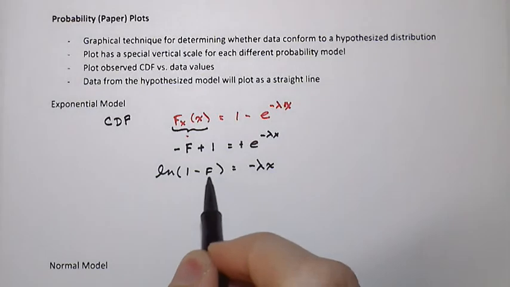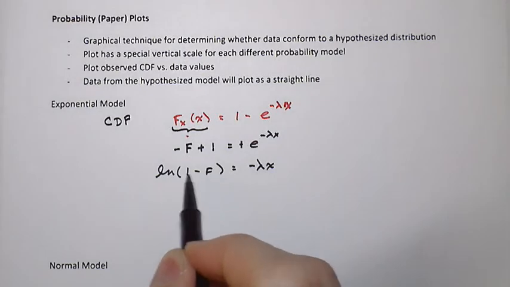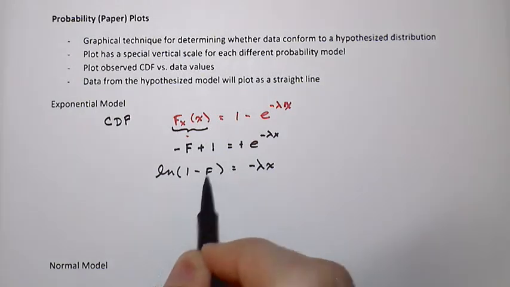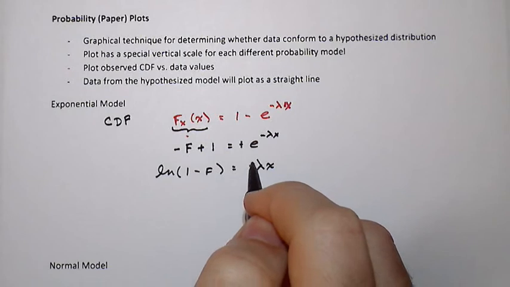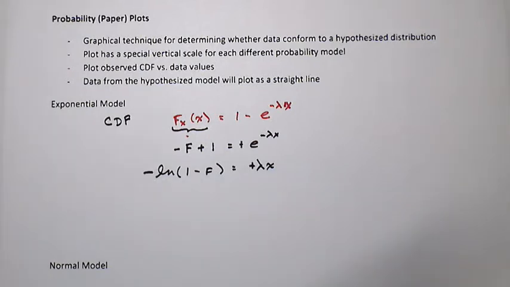And since our cumulative values are always less than 1, 1 minus this number is going to provide, when we take the natural log, a negative number. So we don't like that either, so we're going to put that minus sign right over here.